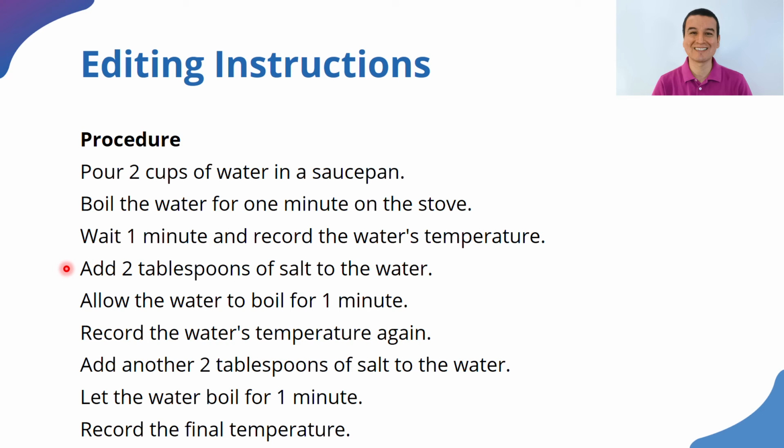Add 2 tablespoons of salt to the water. Allow the water to boil for 1 minute. Record the water's temperature again. Add another 2 tablespoons of salt to the water. Let the water boil for 1 minute. Record the final temperature.